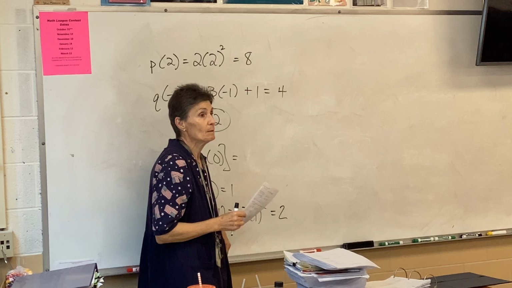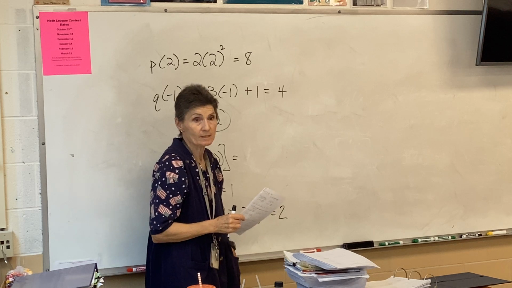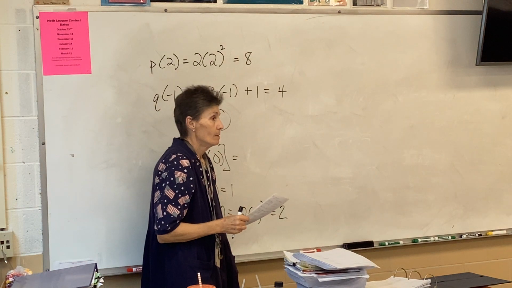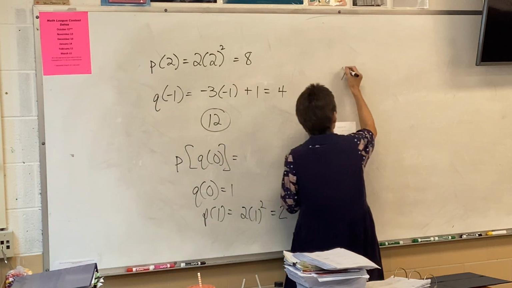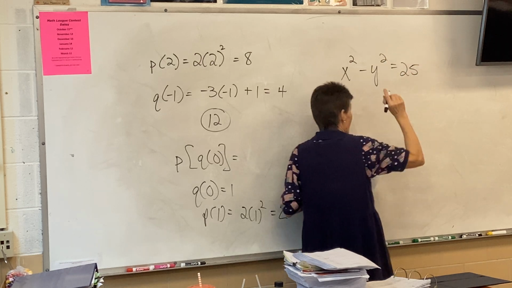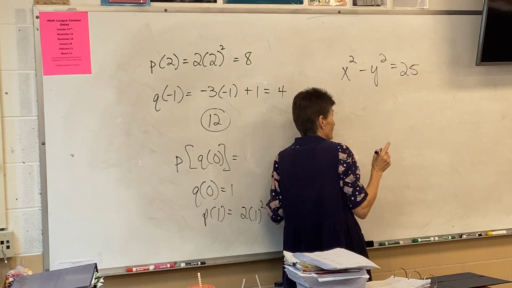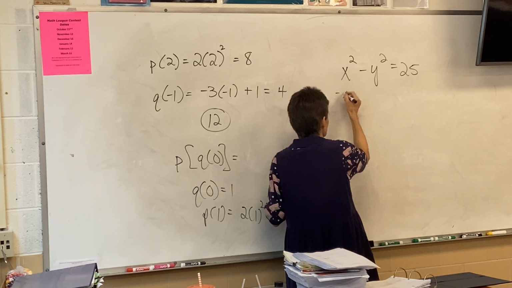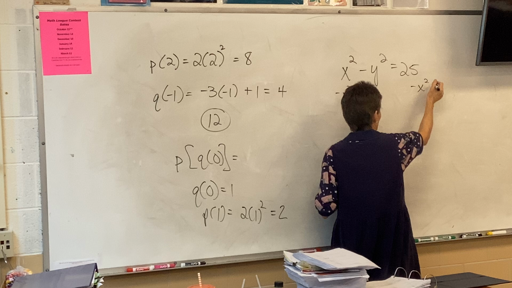It says find the implicit functions. Okay? What does that mean? What am I supposed to be doing? Solve for y. Now, we had one like this in homework, and a bunch of you missed it. You're getting y by itself, so we're gonna subtract x squared, right guys?